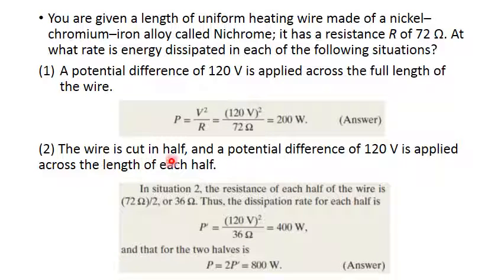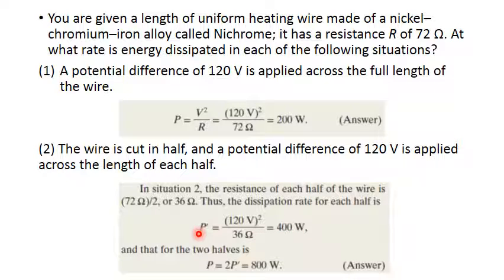Now, the potential difference is 120 volts applied across the length of each half. So we have the two halves and we apply this potential on each half. So each half will dissipate its own power and each half will have 36 ohms. So the power on just one half wire would be the potential difference squared over the resistance of the half wire. It would be 400 watts.